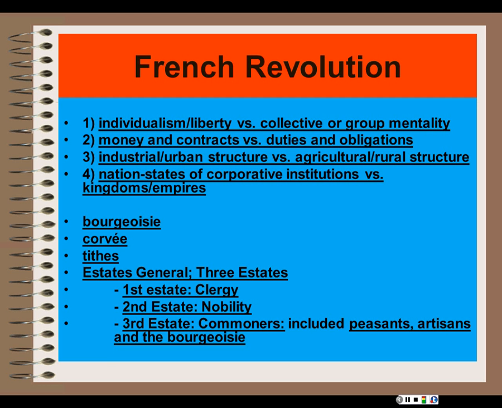The first and second estate together were about 4% of the population. But the first and second estate together owned 30 to 35% of the land. The third estate was 96% of the population, but it only owned about 70% of the land.